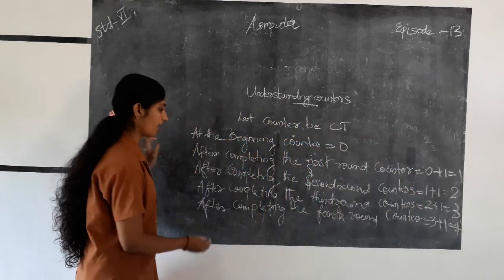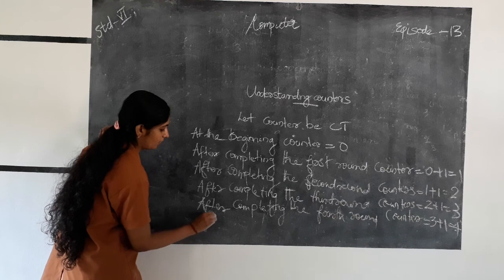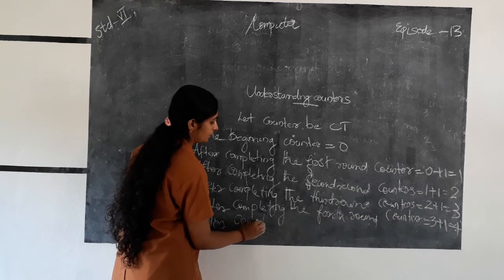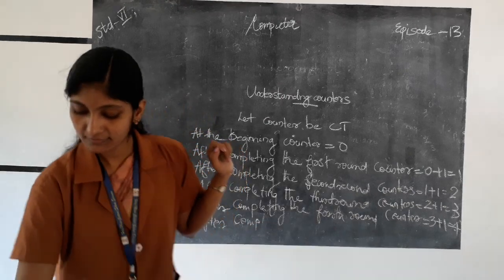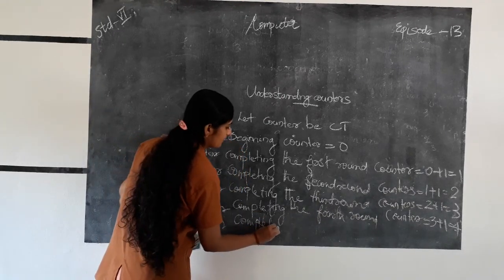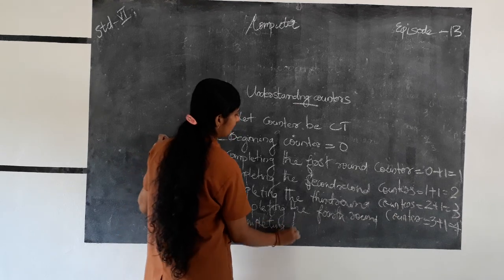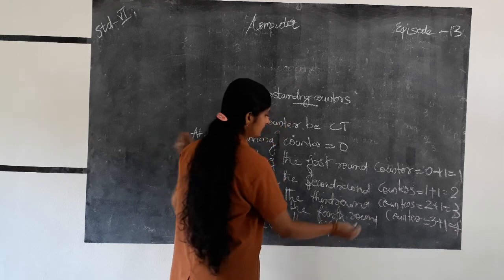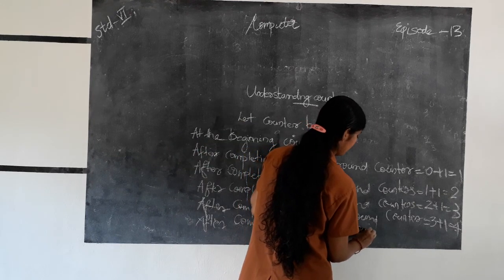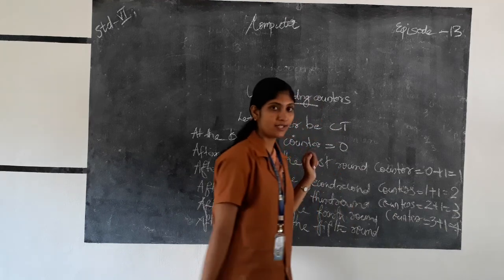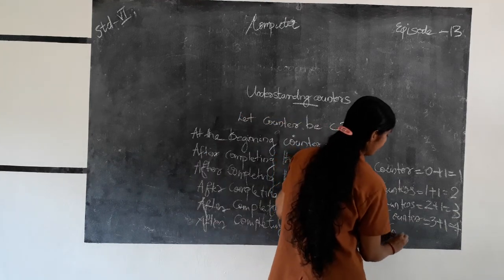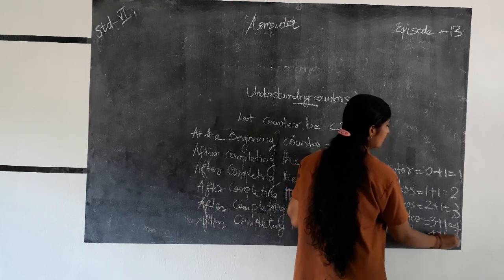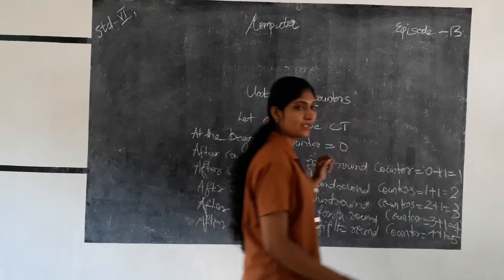Next step, after completing the fifth round, the counter value becomes 4 plus 1, which is equal to 5. Then the final round, that is 6.